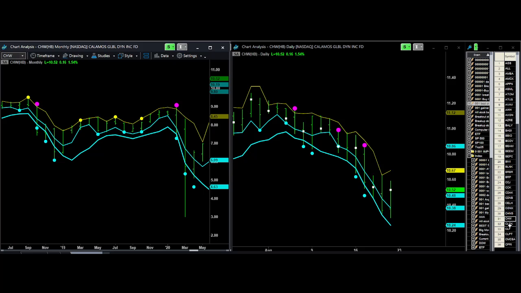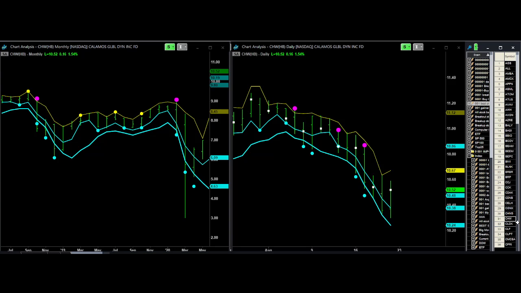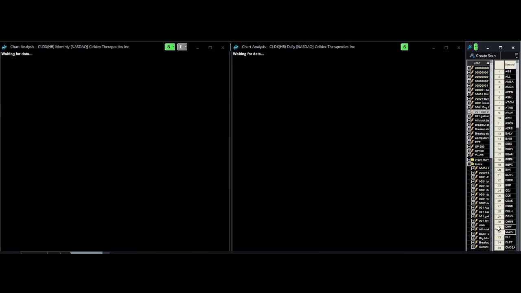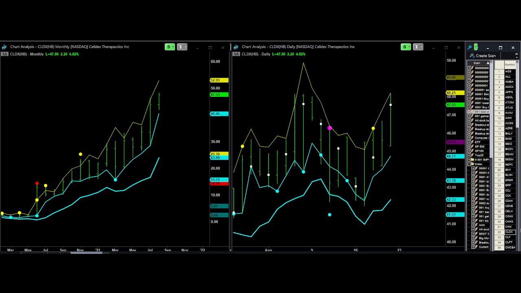So let's take a look at another stock. That's CLDX. For this CLDX, from this monthly chart, it's in the upward trend region, so it's becoming more promising, actually.